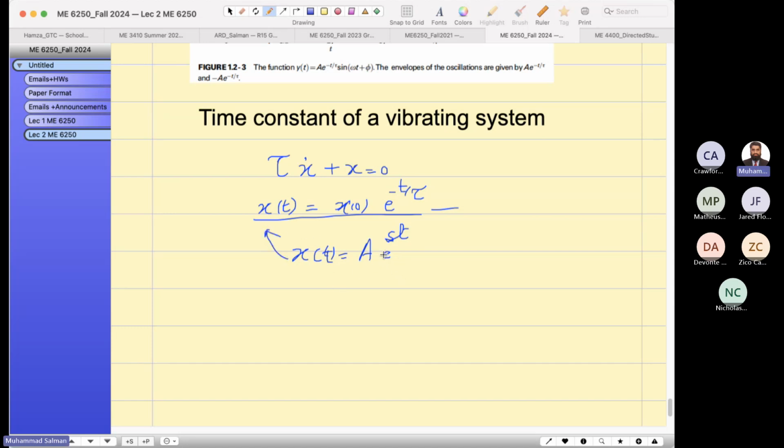This is the oscillating solution of the differential equation. There are multiple ways, but the major thing is what happens if time equals the time constant. This is our graph.